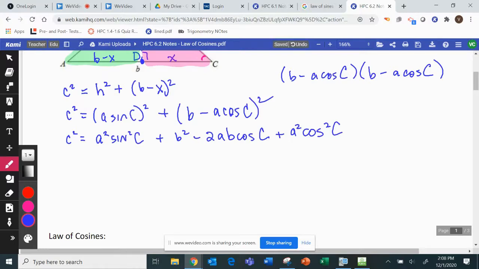So I used my FOIL method, and I got b squared minus 2ab cosine C plus a squared cosine squared C.